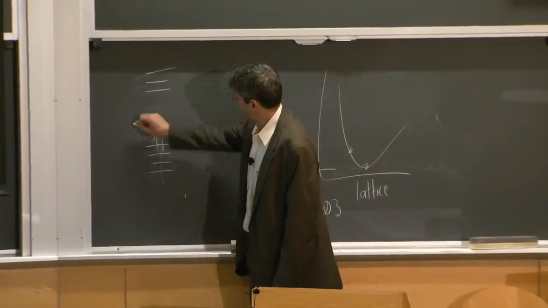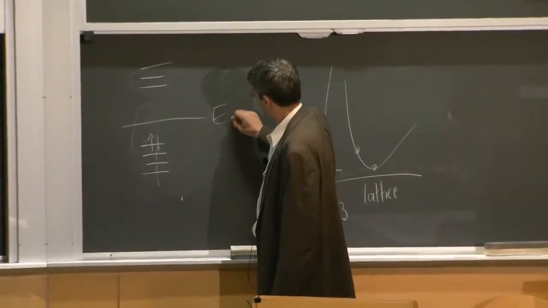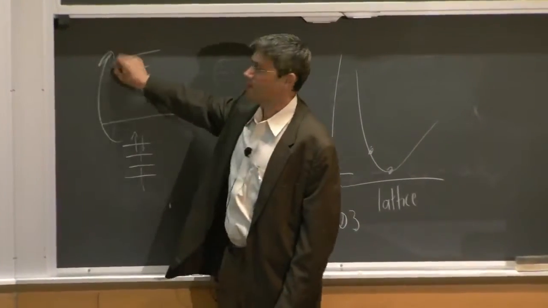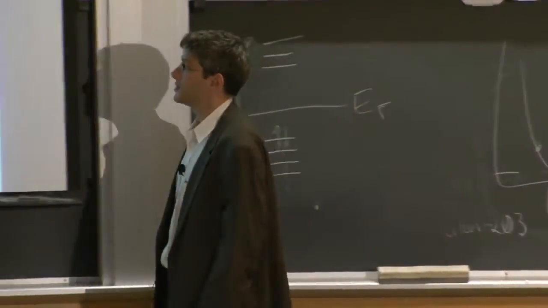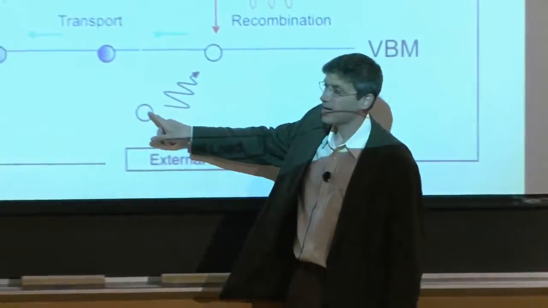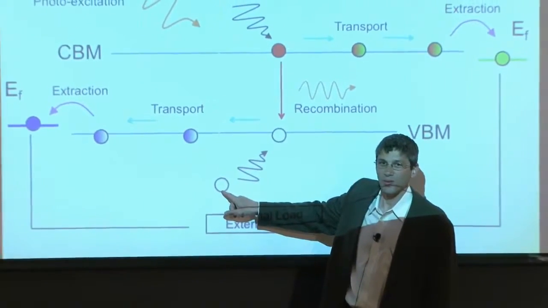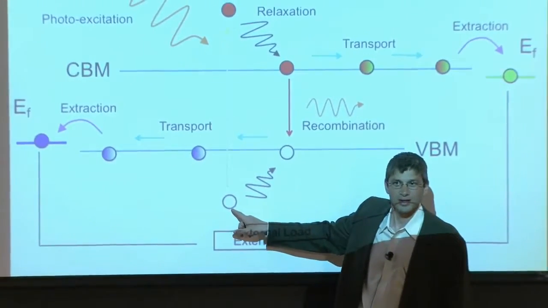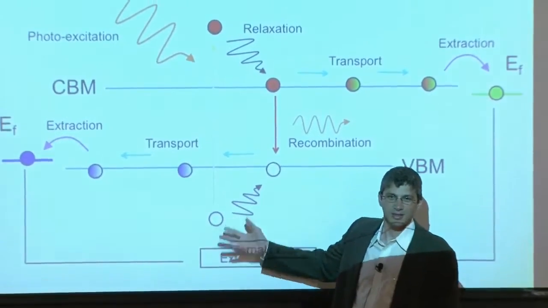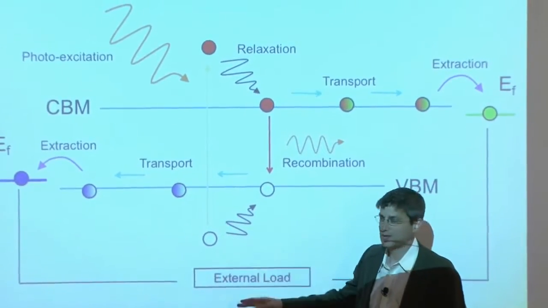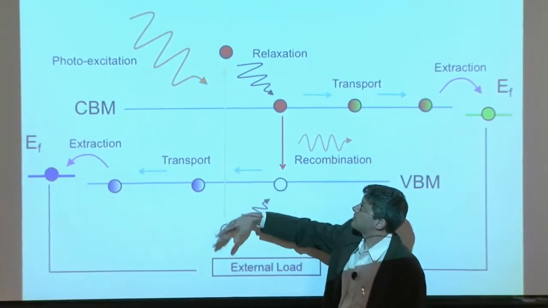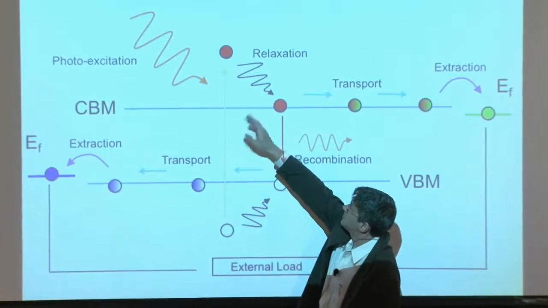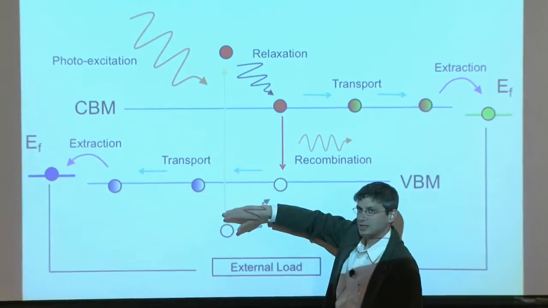Let's say these are filled, and this is my Fermi energy. It's going to jump up. That's what electrons do when they take energy in. And what did it leave behind? A hole, which is the same as an electron, but positive. So that's a positive charge, and there's my negative charge. That's what happened when the sun shone on it.